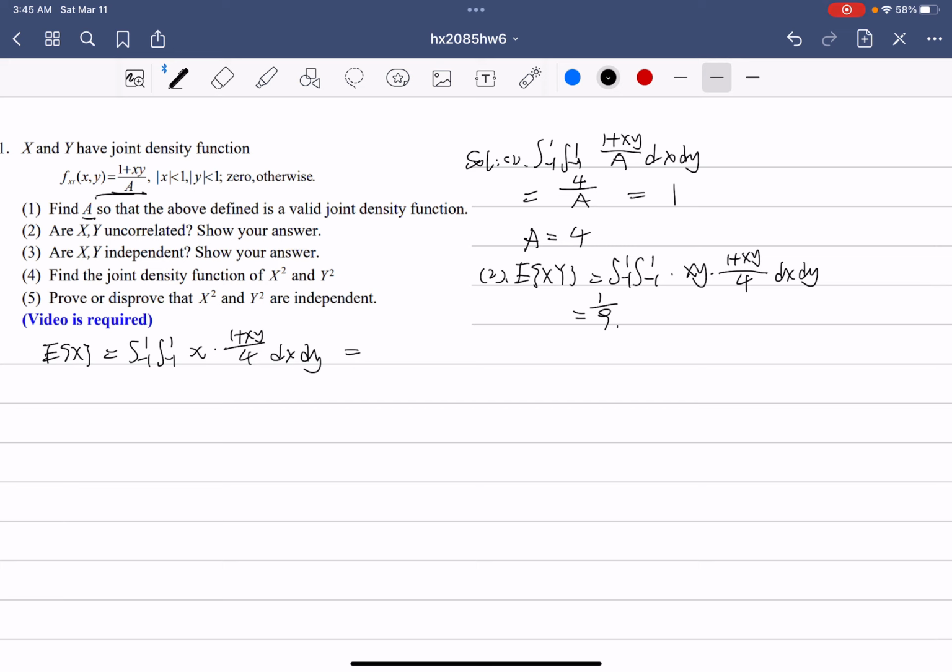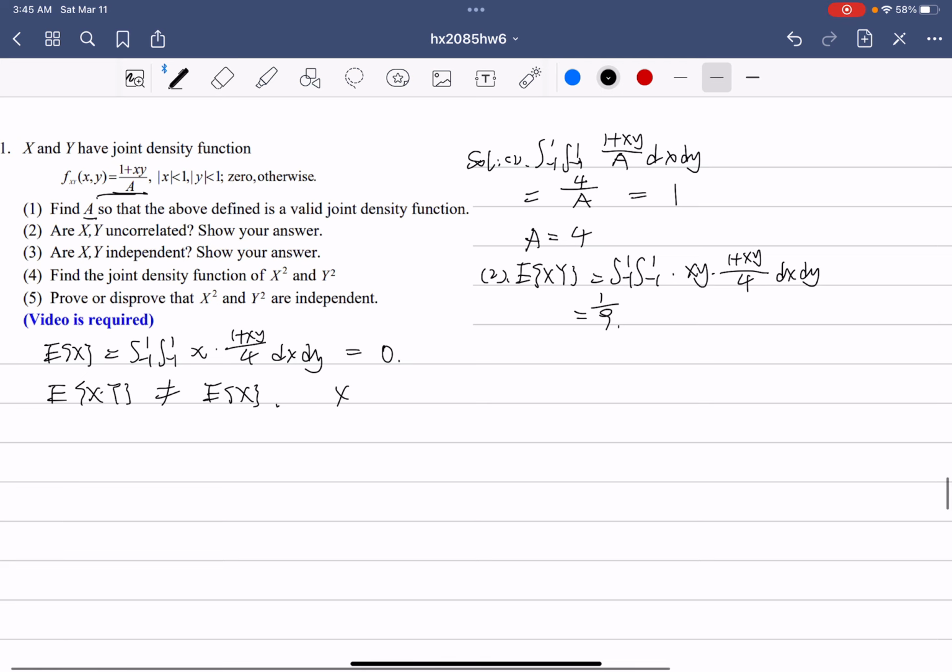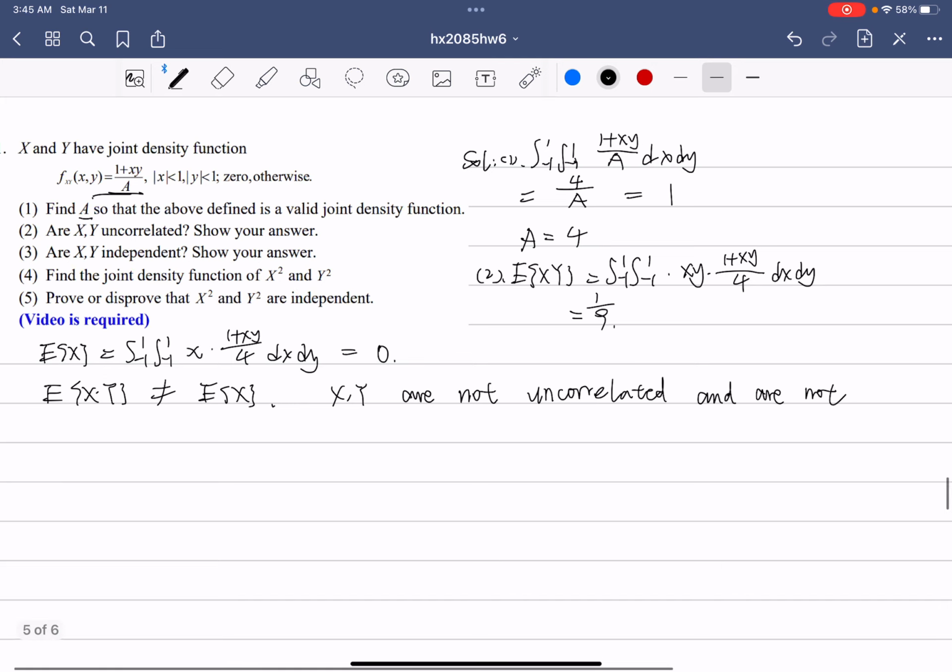The result is 0. Now we can see that the mean of xy is not equal to the mean of x times the mean of y. So x and y are not uncorrelated and are not independent.